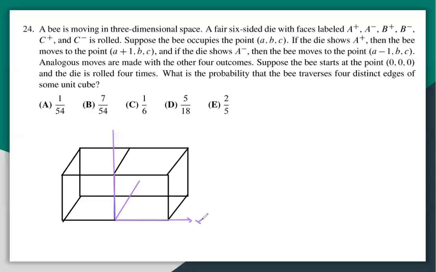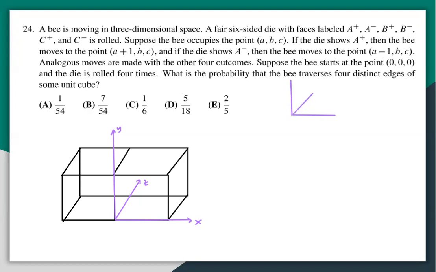So let's say this is x plus, this is y plus, and then this is z. This is positive x, and that means the opposite is negative. This is positive z, so if you go this way, that should be negative. Just imagine our xyz plane.